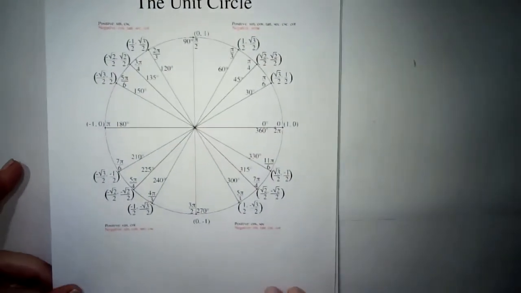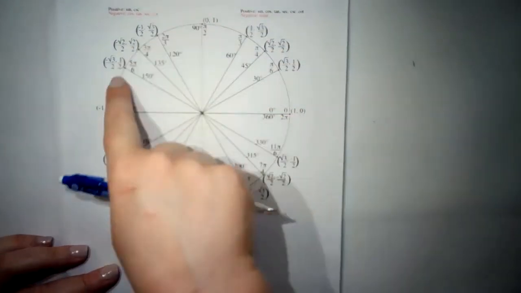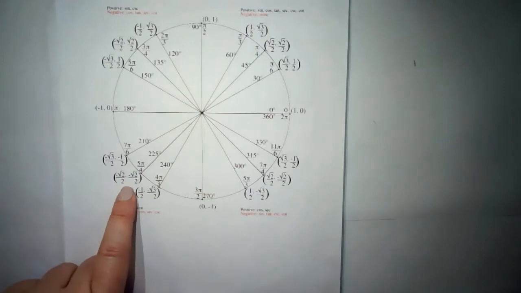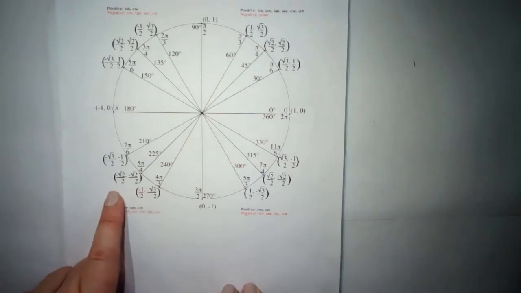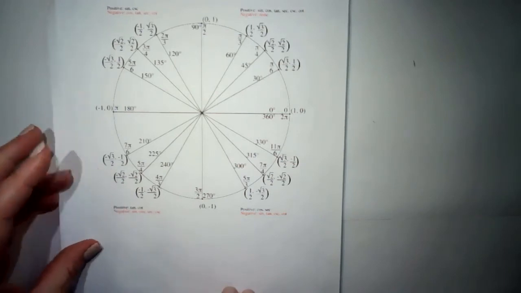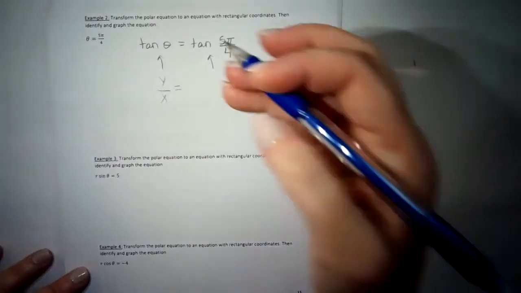This is going to come right off the unit circle. Okay, now I'm looking for 5 pi over 4. Here we go. All right, remember tangent is y over x. Just so happens these are exactly the same. So what is negative root of 2 over 2 divided by negative root of 2 over 2? 1. I'm just going to go ahead and put 1.